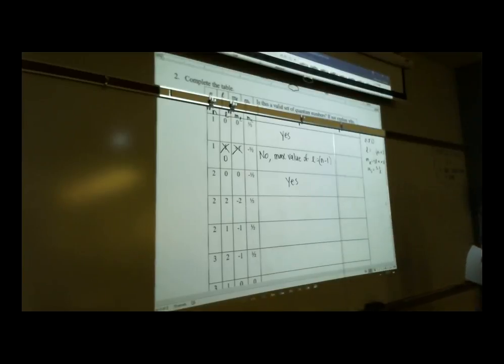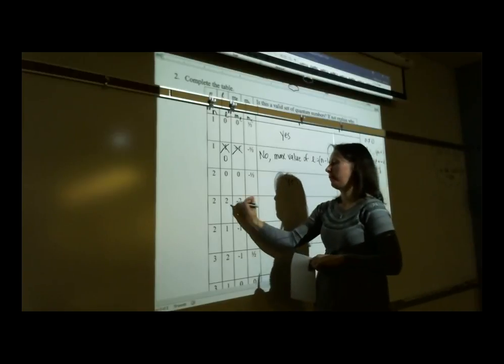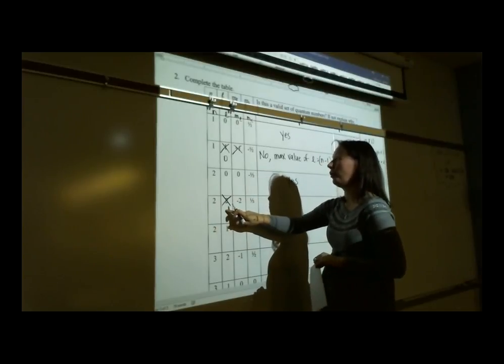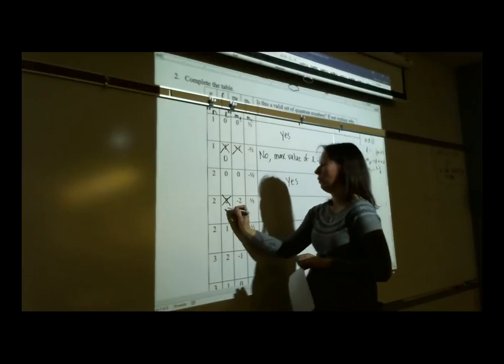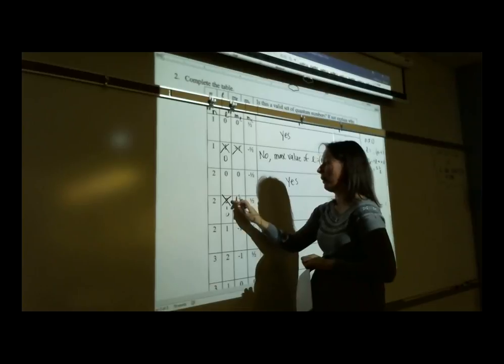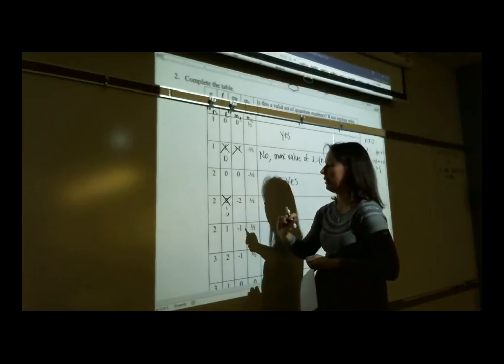All right, what about 2, 2, negative 2? No, what's wrong? Right, if N is 2, then L could be 1 or it could be 0. It could not be 2, right? Because the max value is N minus 1.